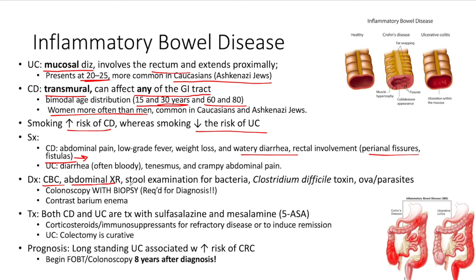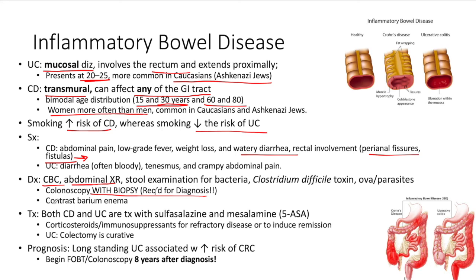Stool examination for bacteria, C. diff toxin, ova and parasites. Obviously, all that's going to be negative, but when you have a patient presenting with this colitis-type picture, you want to rule all these things out anyway. All of that is within the realm of acceptable answers in terms of treating a patient when you don't know the diagnosis. Colonoscopy with biopsy, we need that for diagnosis.